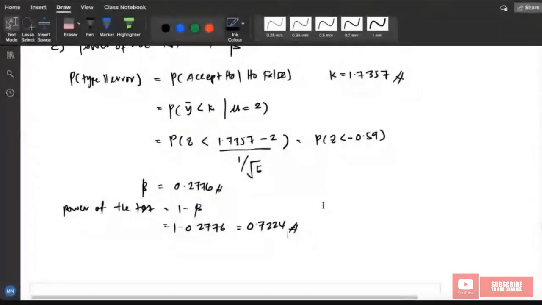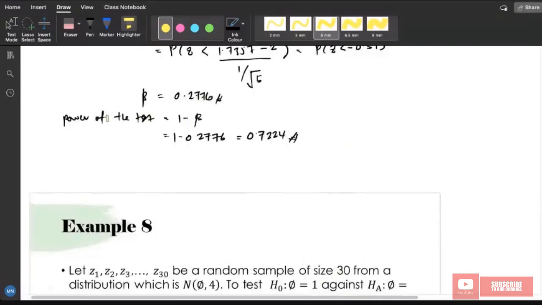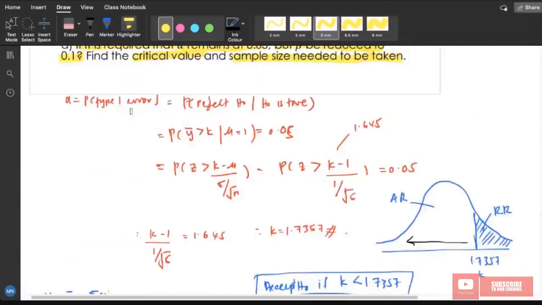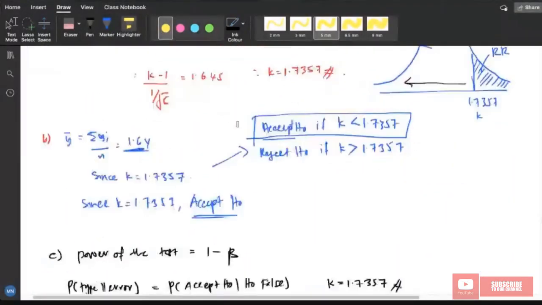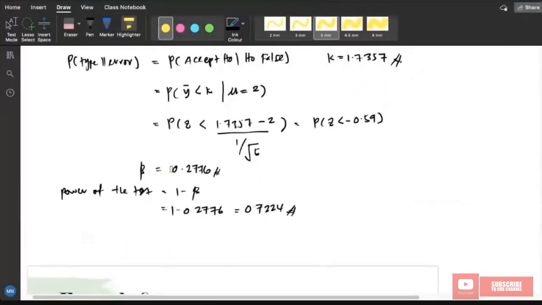Now, for the last question: if it is required that alpha remains 0.05, but beta should be reduced to 0.1, find the critical value and the sample size that need to be taken. What it says here is that our current alpha is 0.05, but our beta is 0.2776.